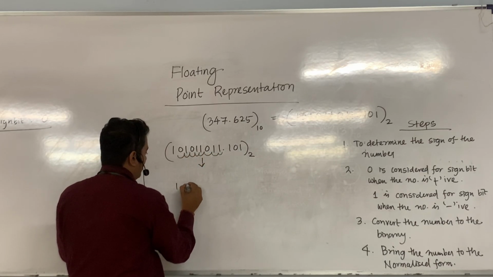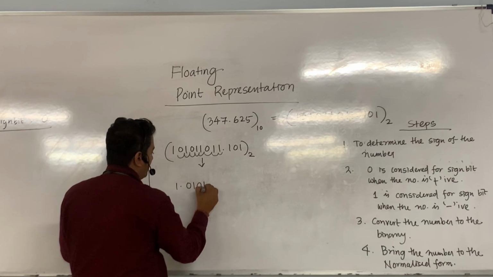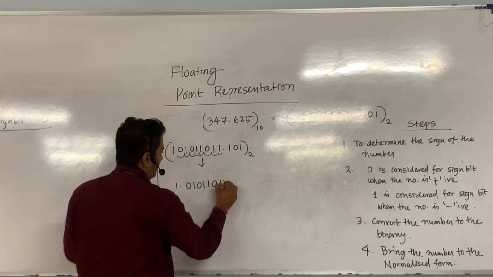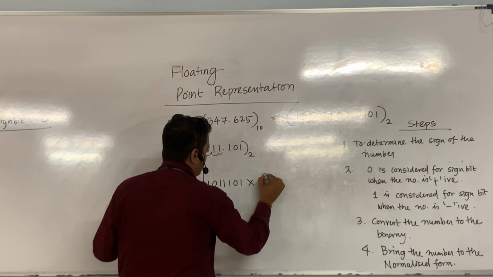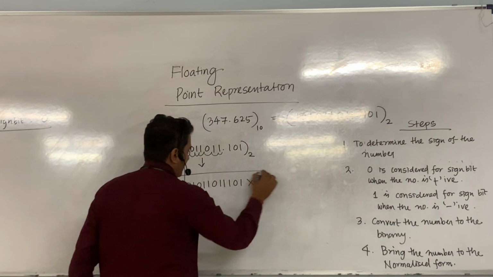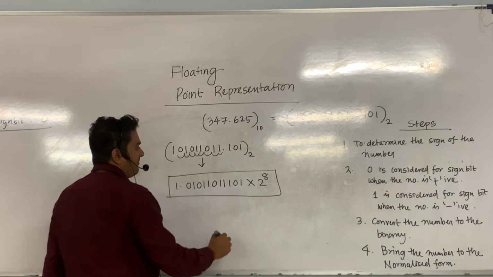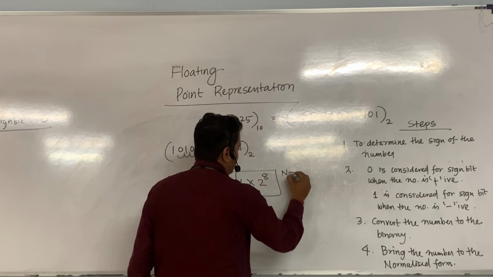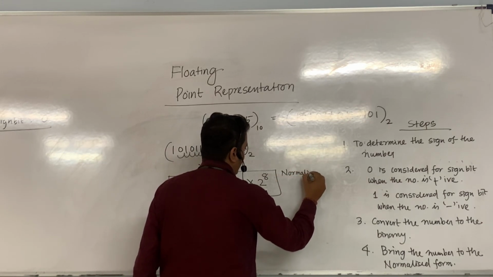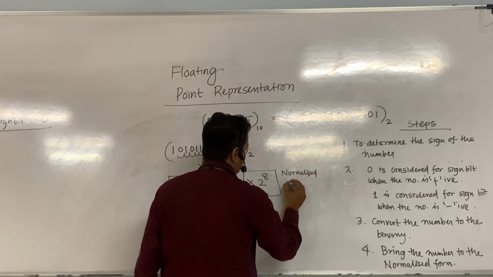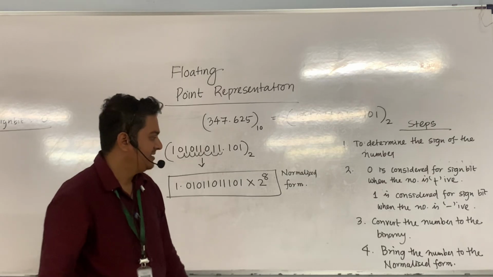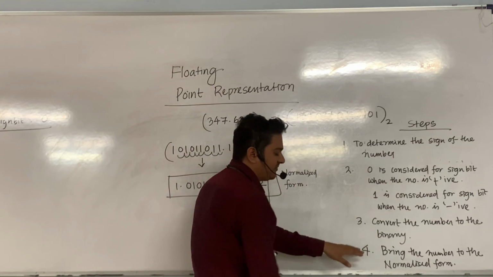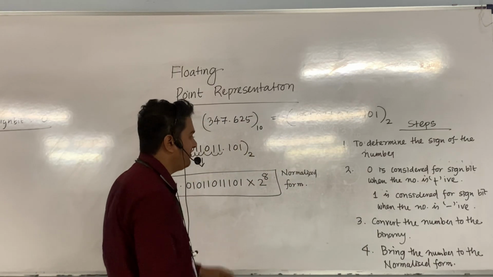So I can write 1.01011101 multiplied by 2 to the power 8. Now we have found out the normalized form, the fourth step.